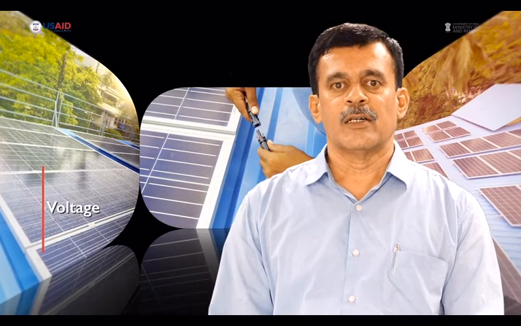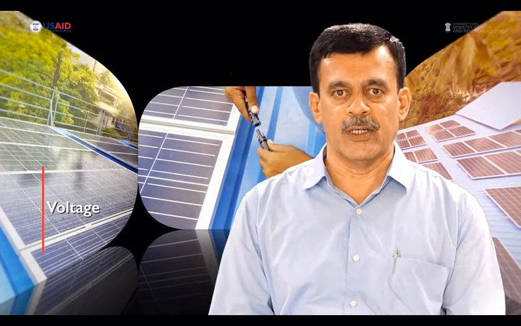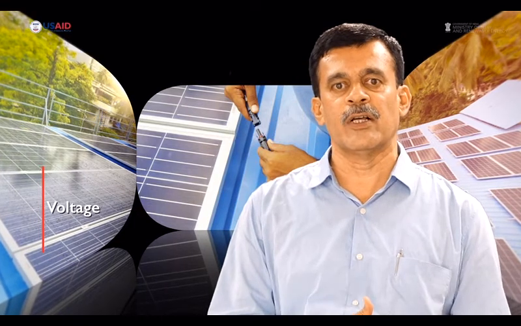So let's take an example of some major parameters that CEA has put in. First, the voltage. Whatever rated voltage the system is connected to the grid at, it can be 415 V or even 230 V single phase at LT level. Sometimes it may also be at HT level, like 11 kV or 33 kV.